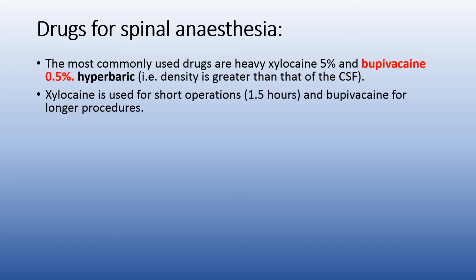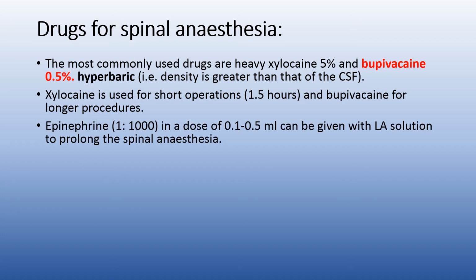Xylocaine is used for short operations, up to 1.5 hours, and bupivacaine for longer procedures. Epinephrine in a concentration of 1 to 1000 in a dose of 0.1 to 0.5 milliliters can be given with local anesthetic solutions to prolong the spinal anesthesia.